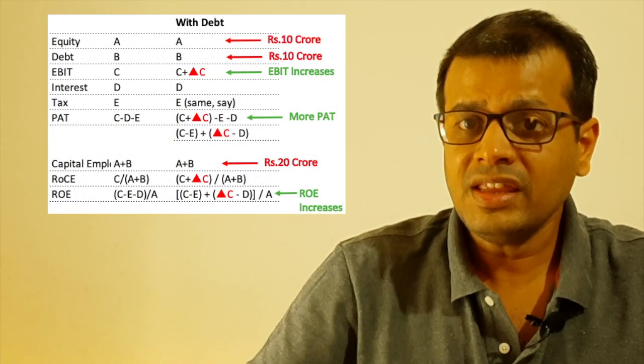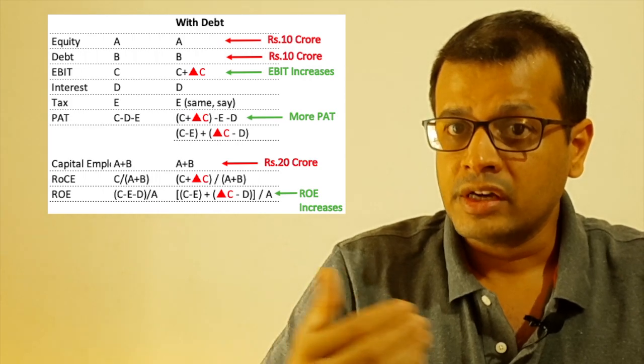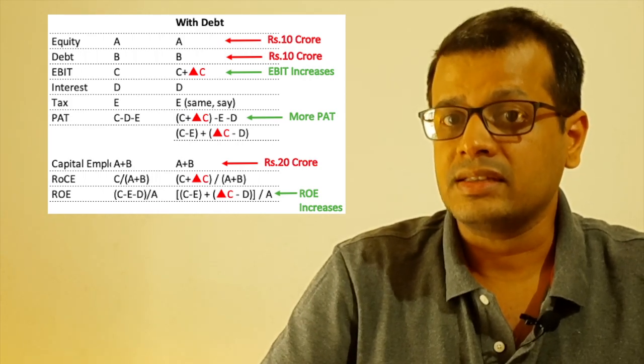So you can see, by taking a loan, the idea of expansion of your business is ultimately translating into more profits. And when there are more profits, your return on equity is increasing.